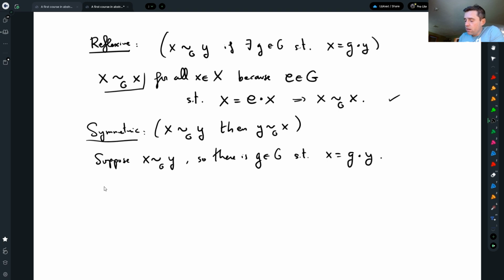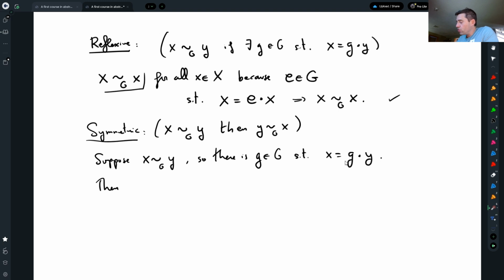Then what I would like to do is actually multiply by the inverse of g on both sides. However, this equation is not an equation in G. It's not an equation in the group. These x and y are elements, so this is not an equation happening in G. It's just saying that this element in the set X, the little x, and the set element y are related via some action of G.